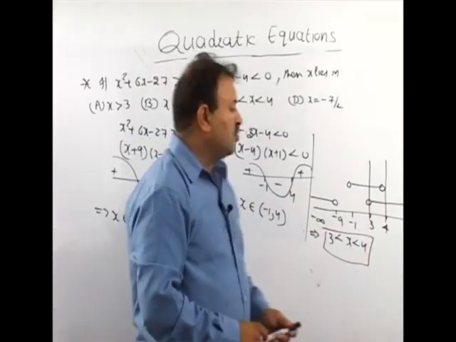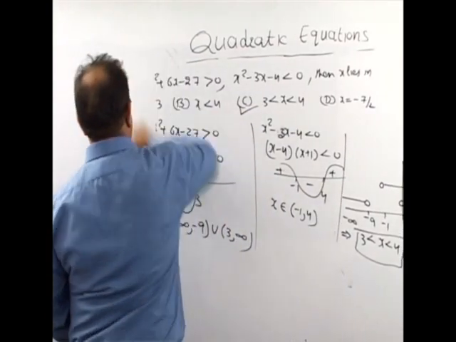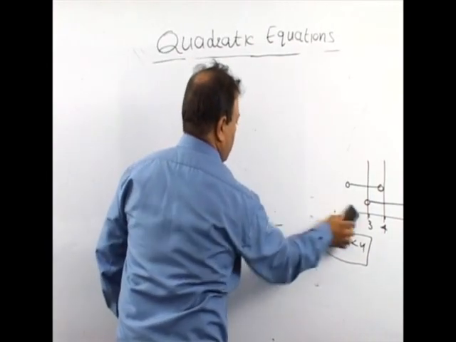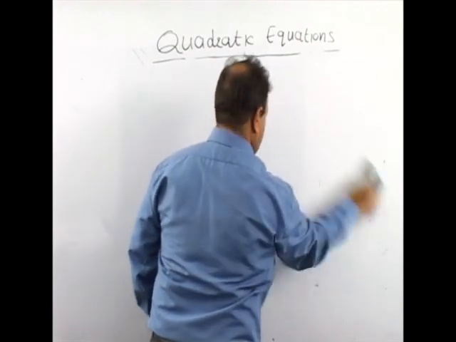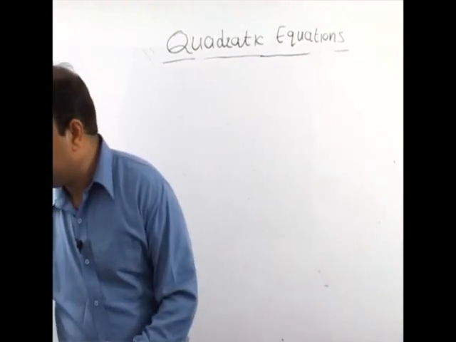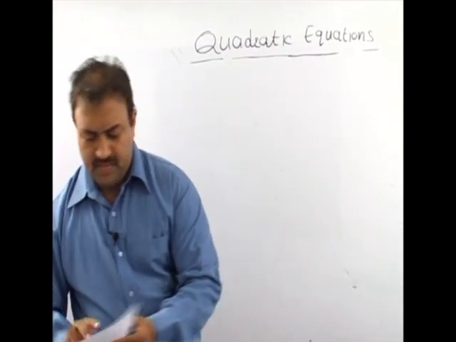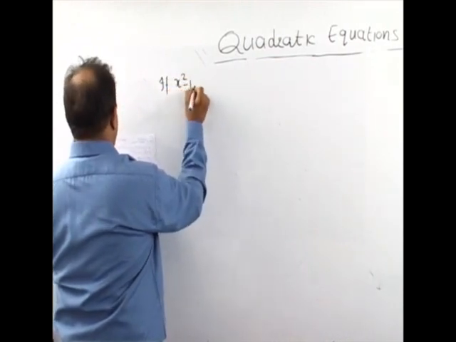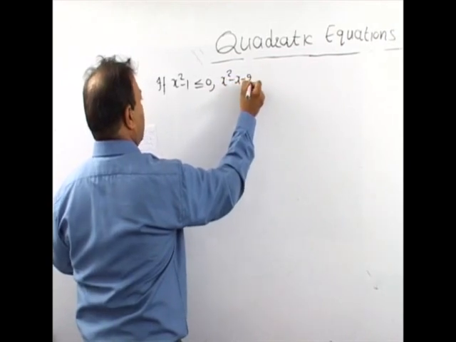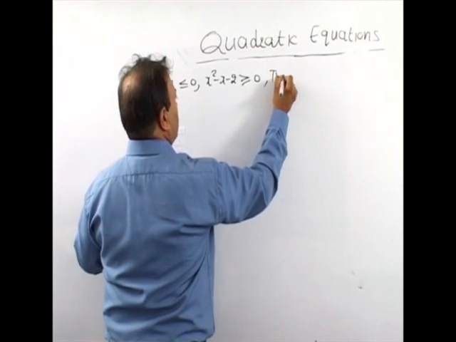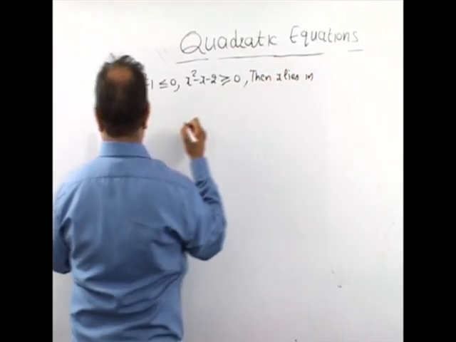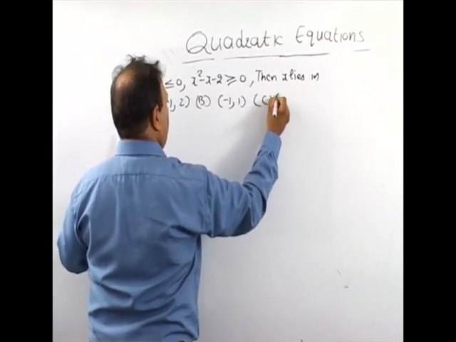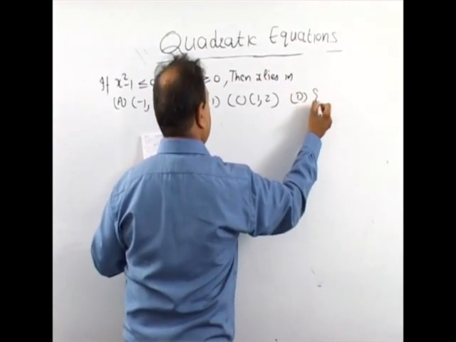Similarly, again we are coming to some other problems. Next problem is: if x square minus 1 less than or equal to 0, and x square minus x minus 2 greater than or equal to 0, then x lies in which part? A is minus 1 to 2, B is minus 1 comma 1, C is 1 comma 2, and option D is minus 1 only.